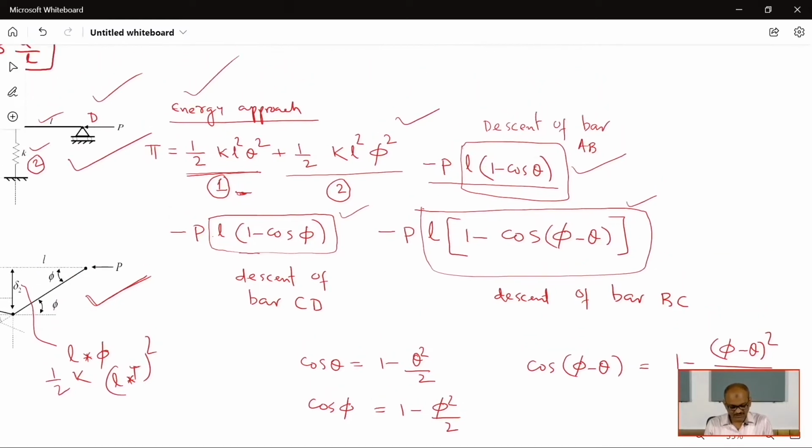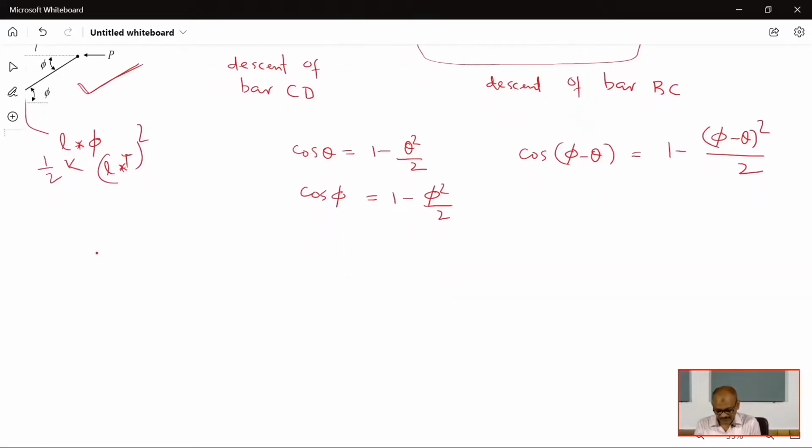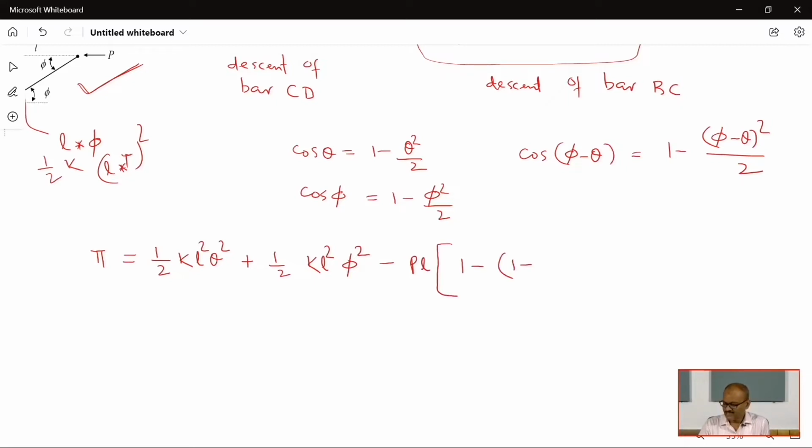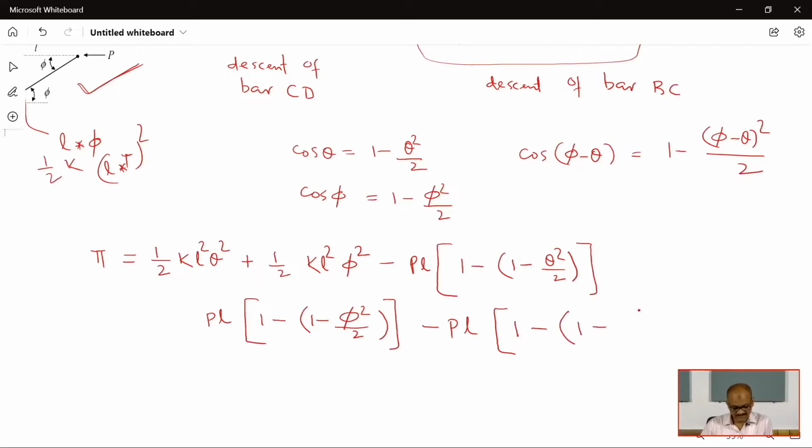If we substitute this in the expression of total potential energy, that will come: pi is equal to 1 by 2 K L square theta square plus half K L square phi square minus P L into 1 minus theta square by 2, and P L into 1 minus phi square by 2 minus P L into 1 minus (phi square plus theta square minus 2 phi into theta) divided by 2.